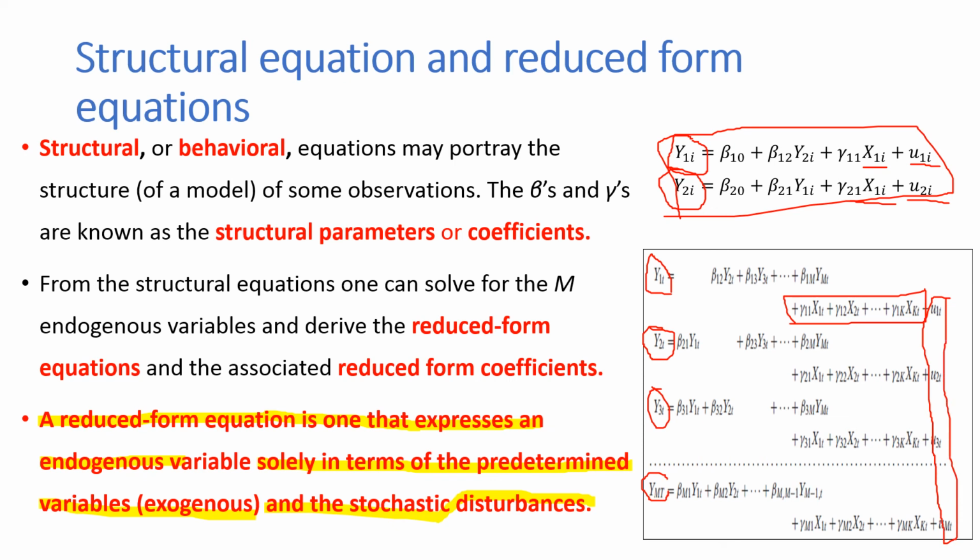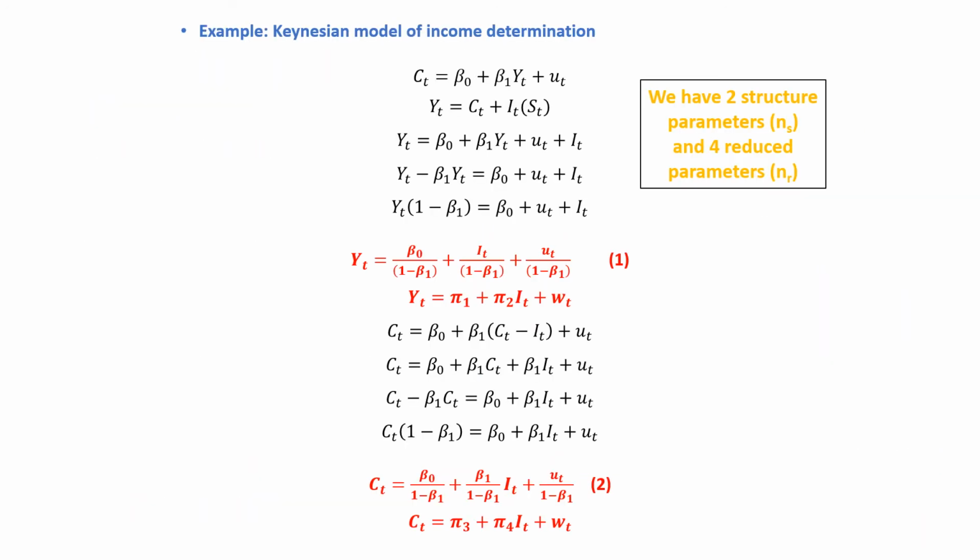So these are structural equations, and from the structural equations, one can solve for the m endogenous variables and derive the reduced form equations. We will give an example of how to do this in the next slide.